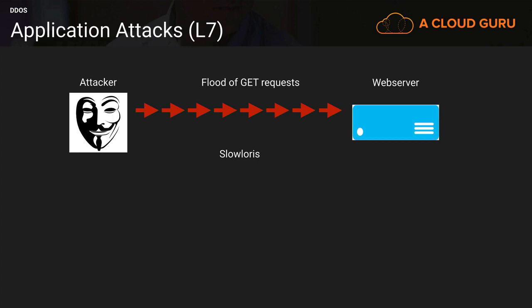But some of the more effective attacks are things like a Slowloris attack. A Slowloris attack works by opening multiple connections to the targeted web server and keeping them open as long as possible. It does this by continuously sending partial HTTP requests, none of which are ever completed. The attack server opens up more and more connections, waiting for these requests to be completed.